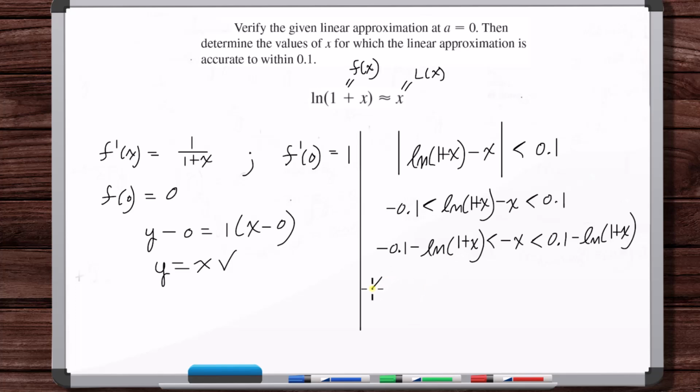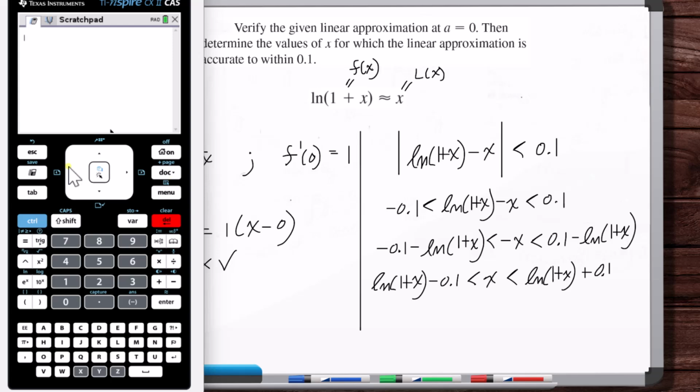We get, so x is going to lie between, if you take the natural log of 1 plus x and shift it up by 0.1 and shift it down by 0.1, it's going to lie between those curves.